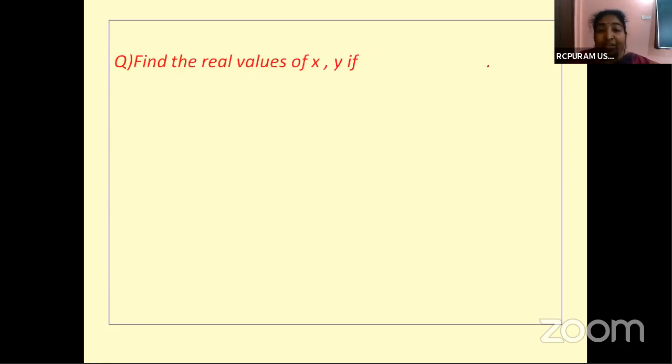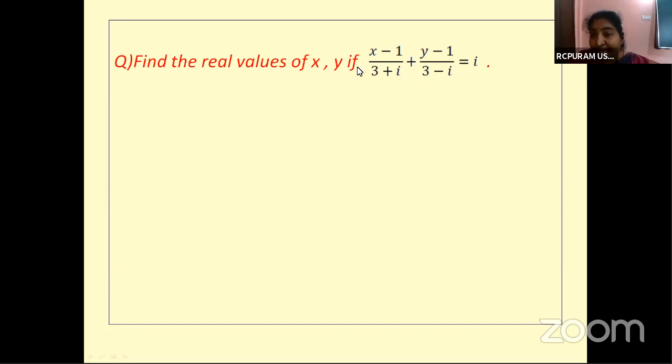Find the real values of x, y if (x minus 1) by (3 plus i) plus (y minus 1) by (3 minus i) is equal to i. Here again, you can do this problem in two different ways.